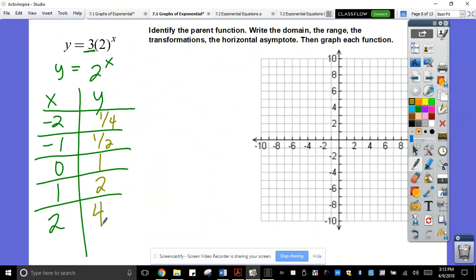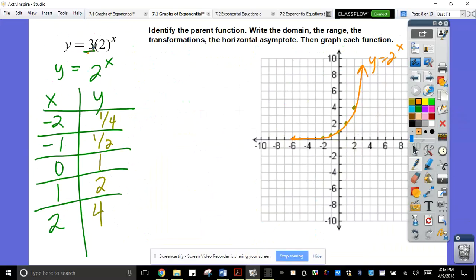So we graph that one, it becomes -2, 1/4, -1, 1/2, 0, 1, 1, 2, and 2, 4. We connect them. That's a graph of y equals 2 to the x.